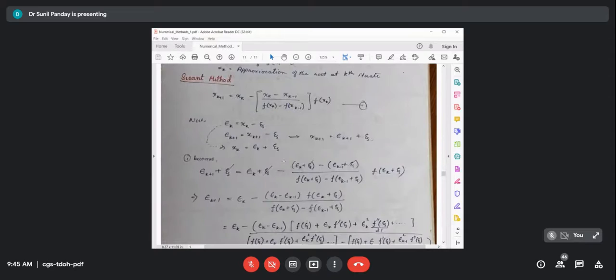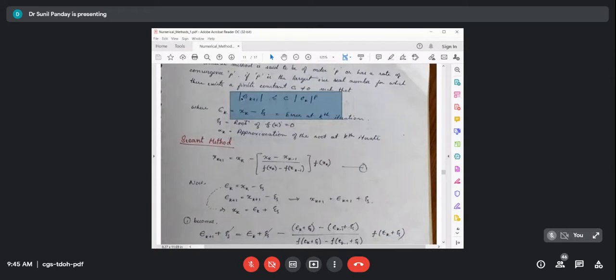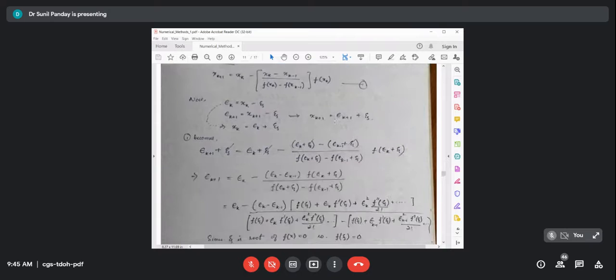But the term we are getting in the secant method is not of this form. So we have to somehow convert the expression into this form, like error at k plus 1 is less than or equal to some constant into error at kth step.